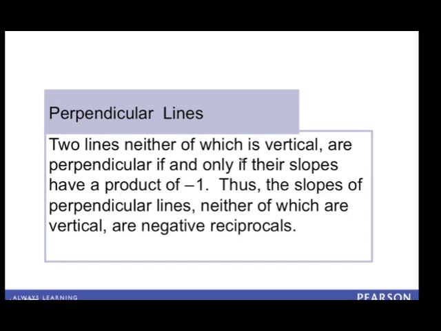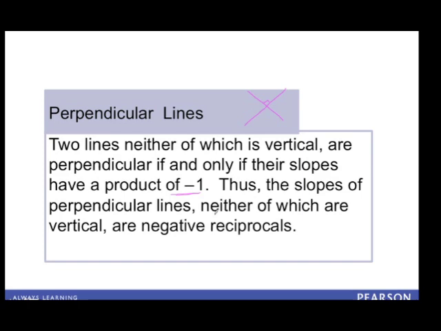It turns out if we have perpendicular lines, and you remember perpendicular lines cross at a right angle, neither of which is vertical, then we can know about the slope of a perpendicular line. If we had that line and that perpendicular line, they cross at a right angle if and only if their slopes have a product of -1.